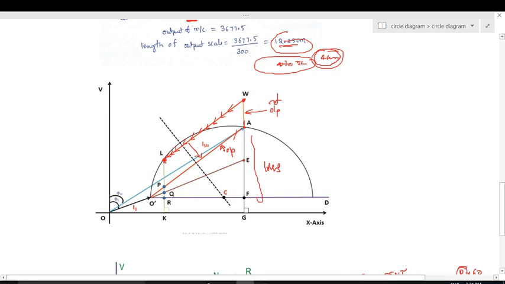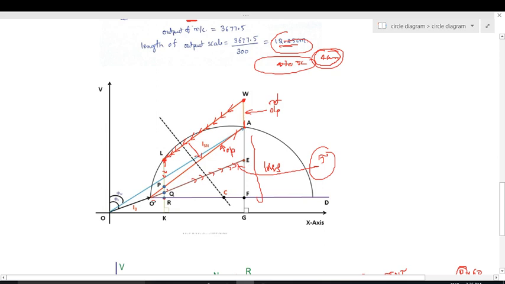Then from L, to the horizontal line at R, we should draw a vertical line. This line is the torque line. I forgot to say this. Why is it the torque line?